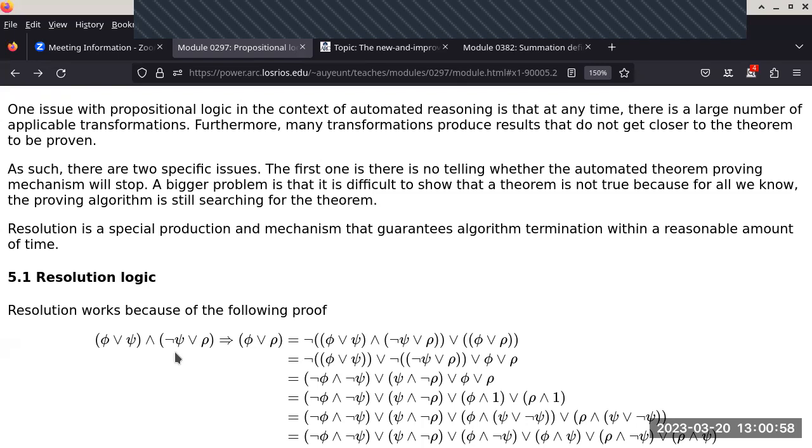If they are both present, and one has a variable from alpha that is not negated, and the other one has the same variable from alpha but negated, then you can concatenate the rest of the first well-formed formula and the rest of the second well-formed formula to make a new well-formed formula, and that one is now also derived.